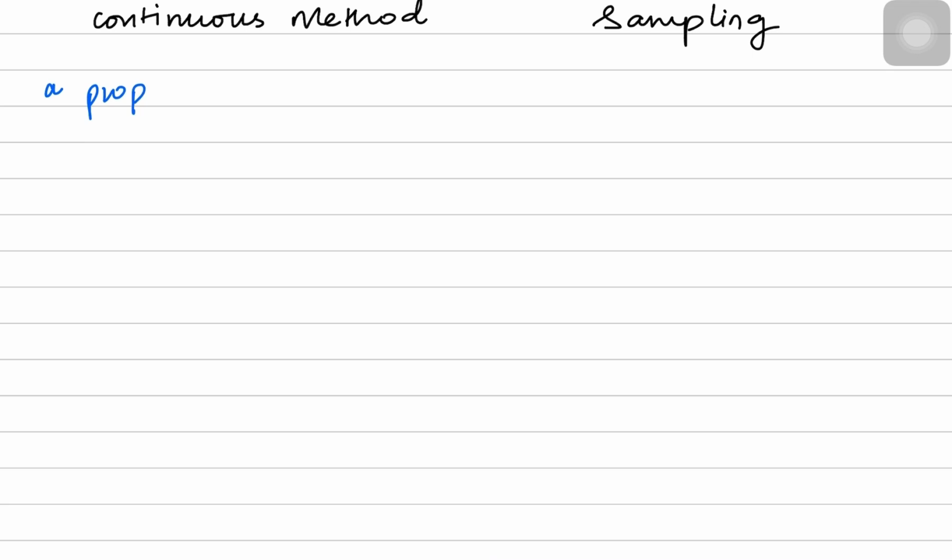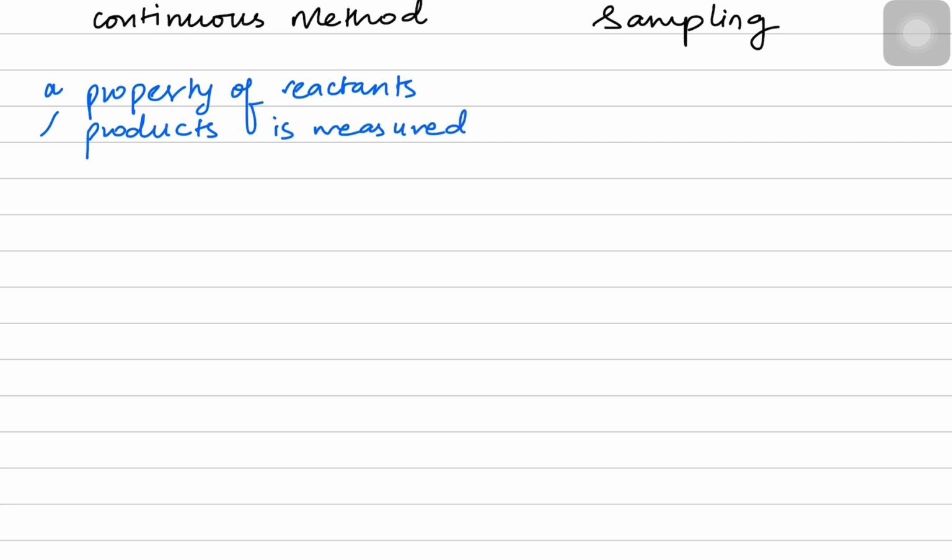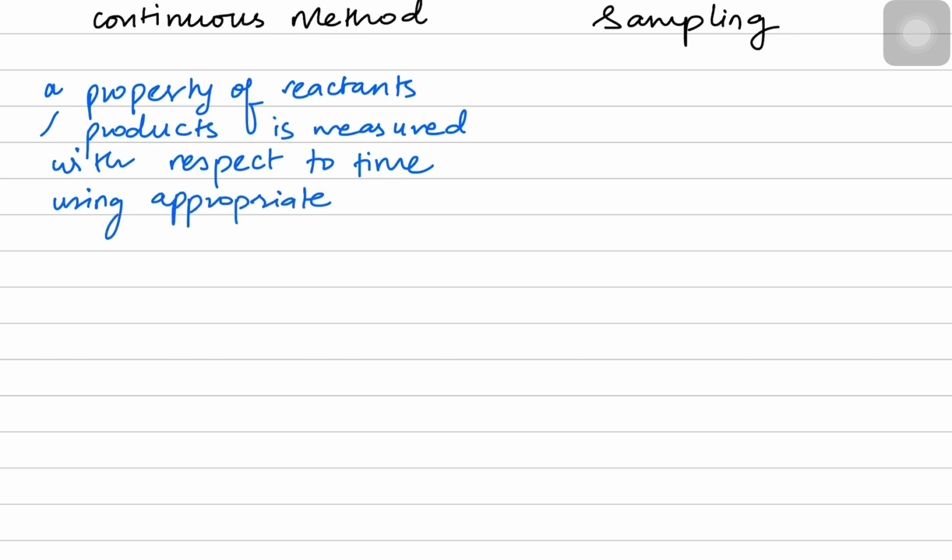In the first method, the continuous method, a property of reactants, or you can say the products, is followed, or you can say is measured with time. So with respect to time, I will measure any property of reactants or products using appropriate apparatus.